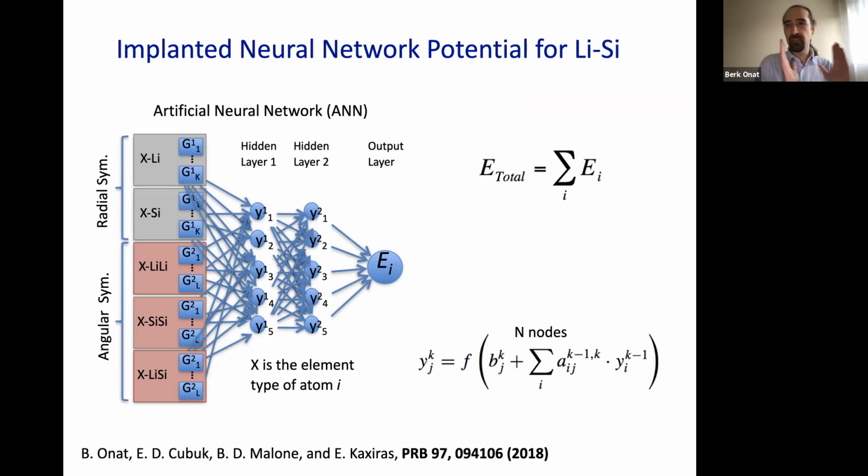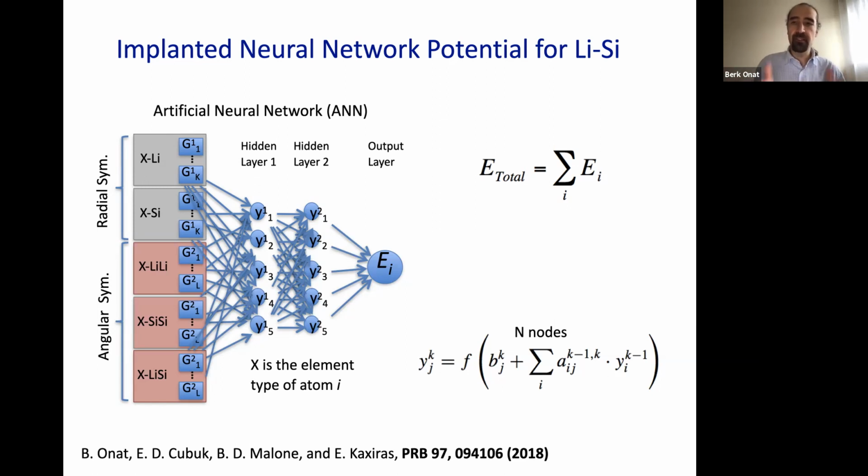So we use a standard artificial neural network. The input part is the angular and the radial symmetry functions, ACSF, and it predicts one atom's energy. But we don't know one atom's energy, right? From the underlying model, for example, DFT, we know the total energy, E total, and we sum up the atomic energies.